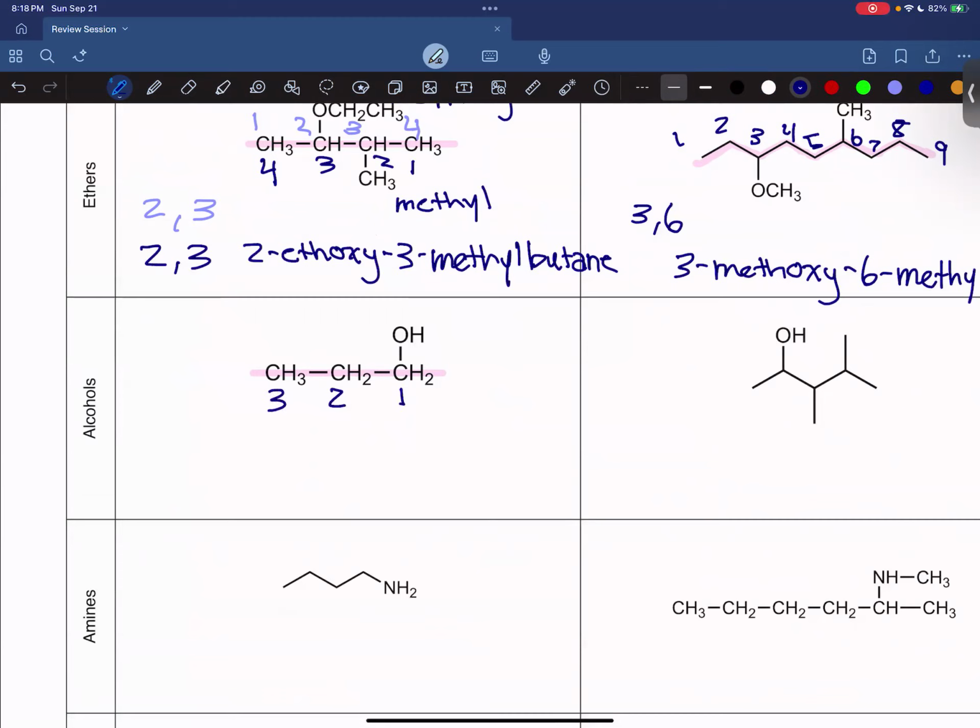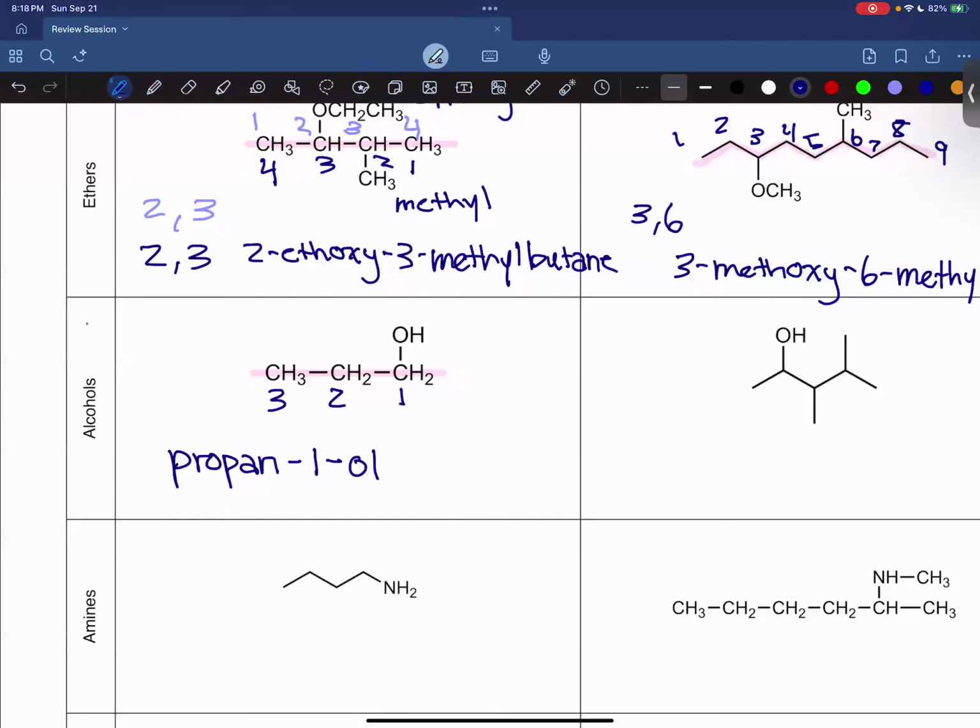So now we have 3 carbons here. So that would be propane, but we're going to drop that E because we don't want to have 2 vowels next to each other. Add a dash and then designate where our alcohol is. So propan-1-ol.